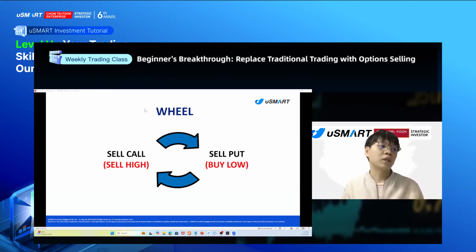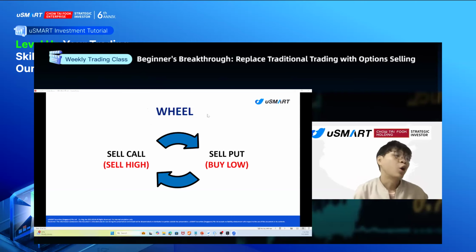So here becomes the wheel strategy. This is what we call the wheel strategy, and this is also the strategy used by Warren Buffett. This is the secret weapon used by Warren Buffett. Warren Buffett is well known for fundamental analysis, right?